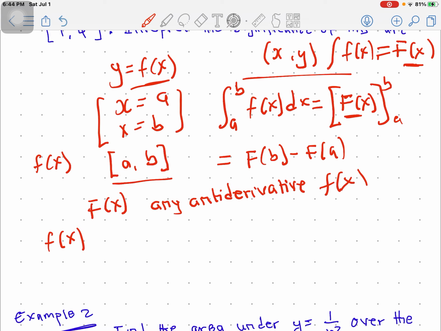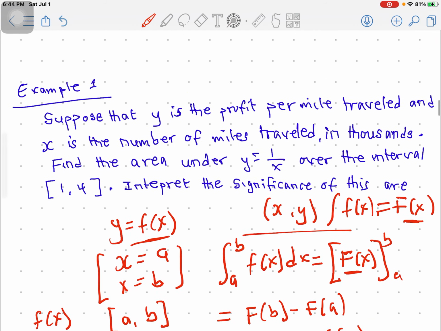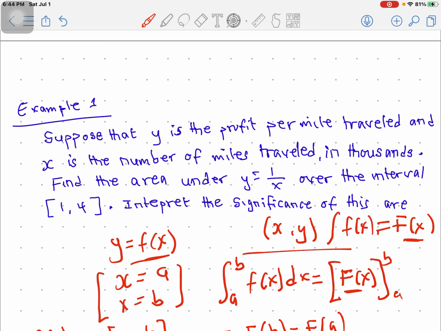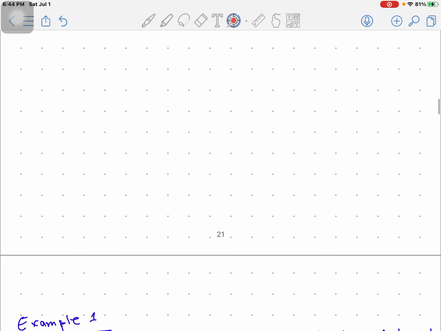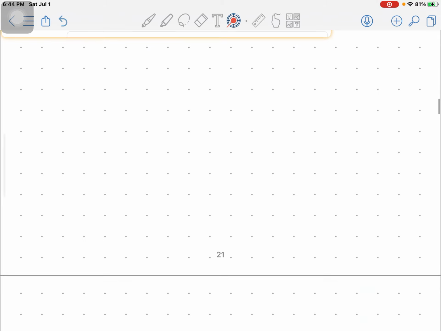So basically, let's see some cool examples before we come and solve this one. Let's pick this example.